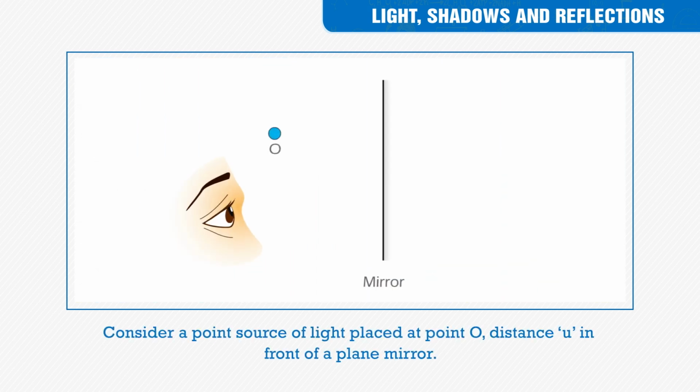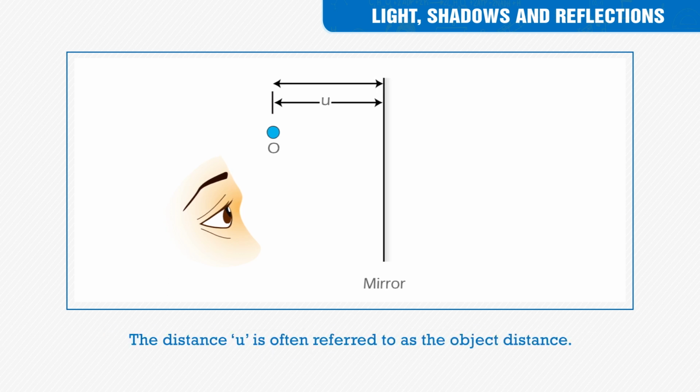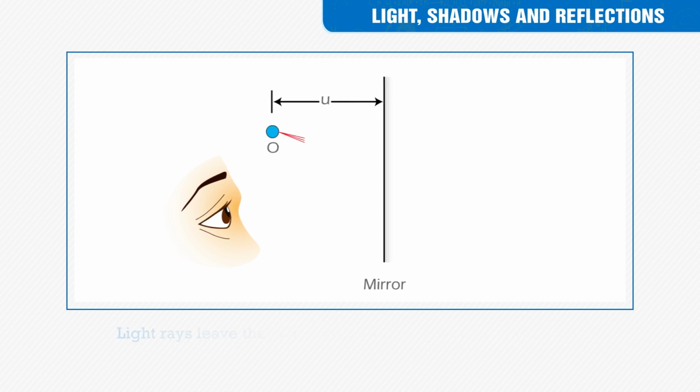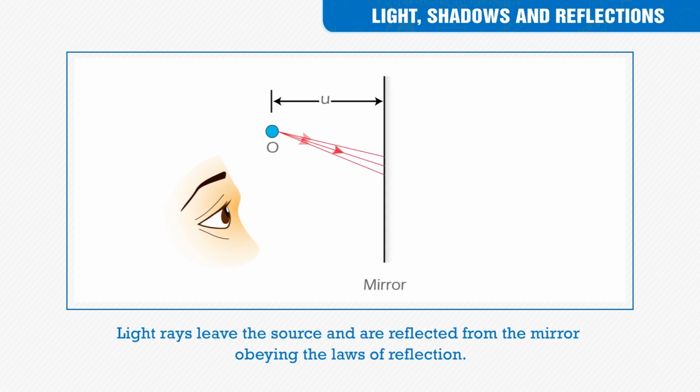Consider a point source of light placed at point O, distance U, in front of a plane mirror. The distance U is often referred to as the object distance. Light rays leave the source and are reflected from the mirror obeying the laws of reflection.